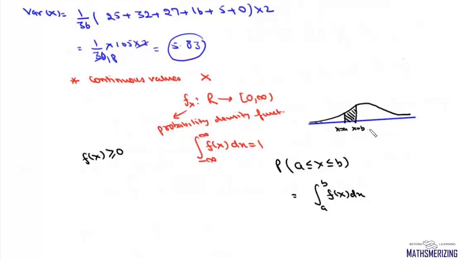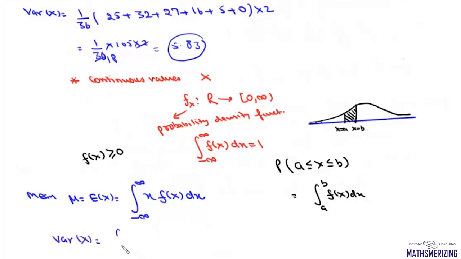Now for continuous random variables, we can define the mean mu or E[x] as the integral from minus infinity to plus infinity of x times fx dx, and its variance will be the integral from minus infinity to plus infinity of (x minus mu) squared times fx dx.